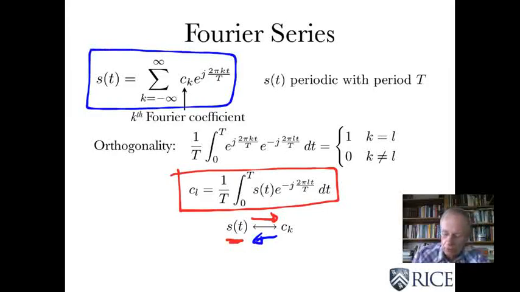So I can go back and forth, as the arrows suggest here, between the time domain, the expression of the signal as a function of time, and the frequency domain, the expression of the signal as a function of harmonic index, where as a function of k, you have to give me the c sub k's, and the complex exponentials are understood because we know what the period T is. This is going to be a very important concept as we go through.